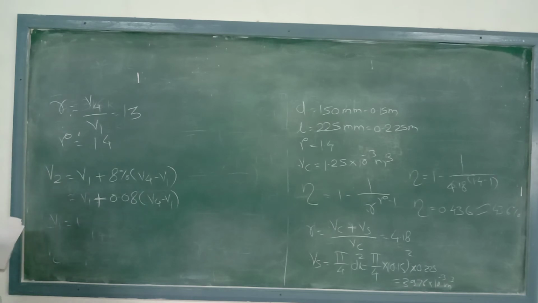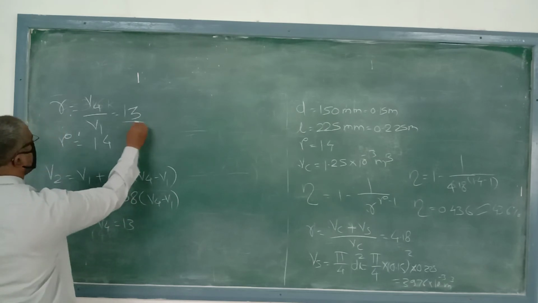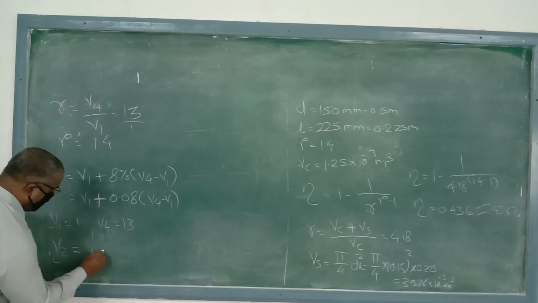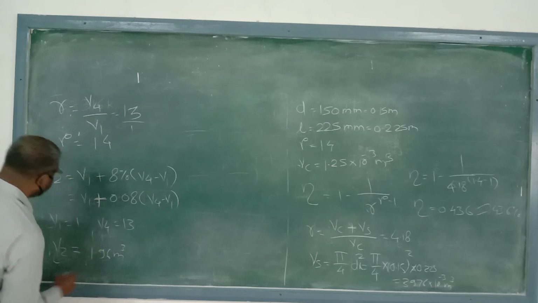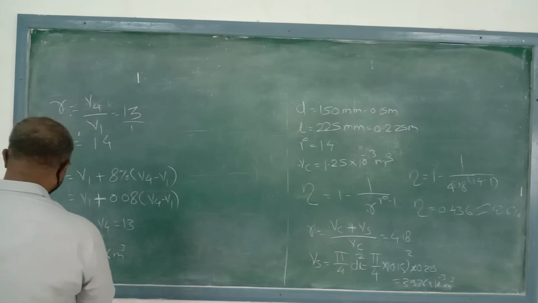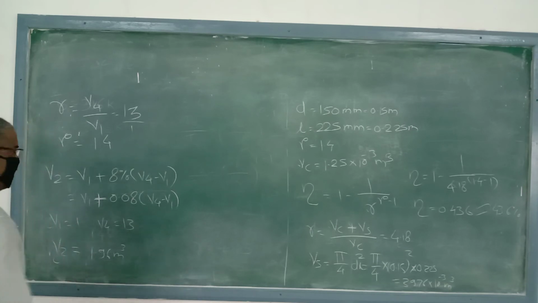Now here V1 they have mentioned as 1. Next, before they have given 13, because they have given 13 to 1. So before value V1 they have mentioned, we can calculate the value of V2, and we got the value of V2 as 1.96 meter cube. Why we are finding this value of V2?